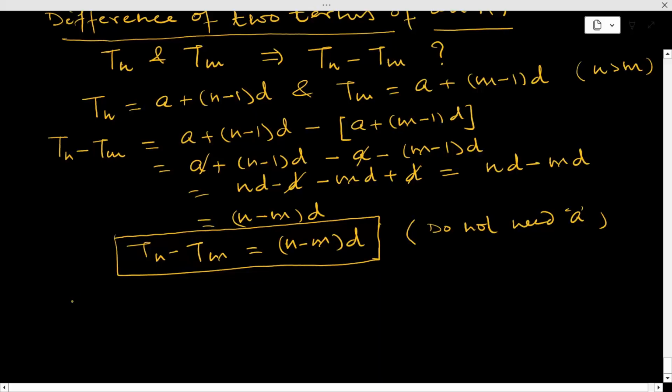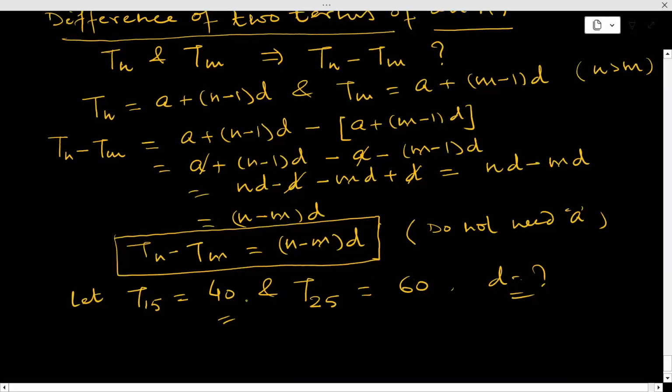Suppose we have T15 as 40 and T25 as 60. Okay, and we also have the value of d here, so we can easily use this formula. Our value of n is 25, so we can find T25 minus T15.